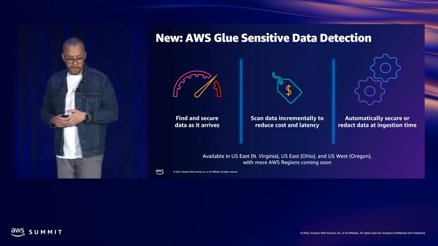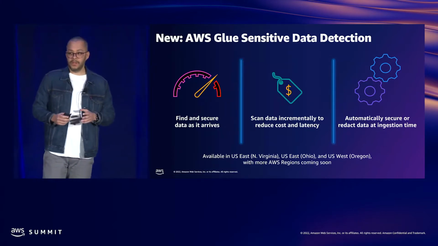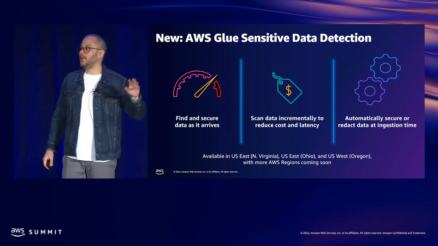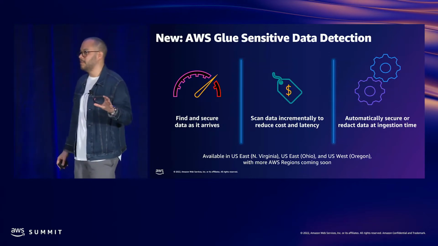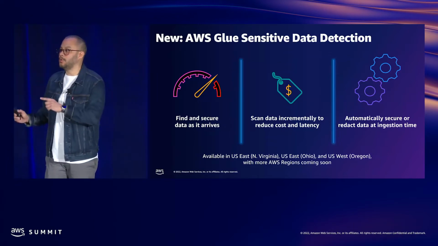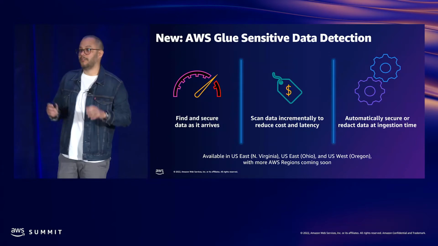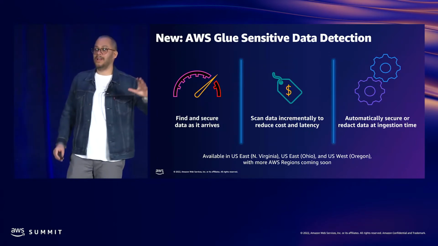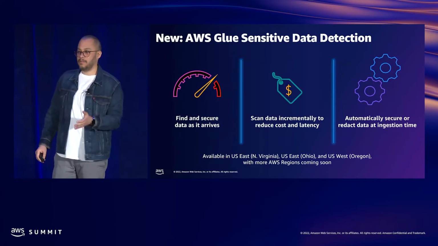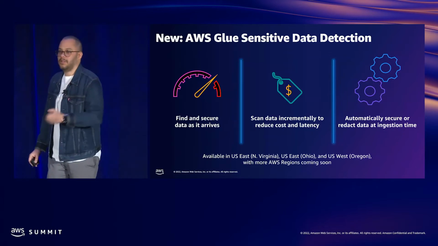And the other thing is, as part of the ETL job that you use to ingest the data, you are going to identify the sensitive data, but you are also going to trigger the action that protects the data. So as part of the same ETL process, you can extract the data from the source, identify the sensitive data, and mask the data, for example.